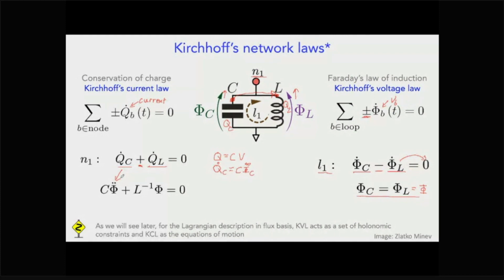And on the right hand side, we can again use the fact that we know that the magnetic flux is linked to current of an inductor by the constitutive relationship phi is Li.